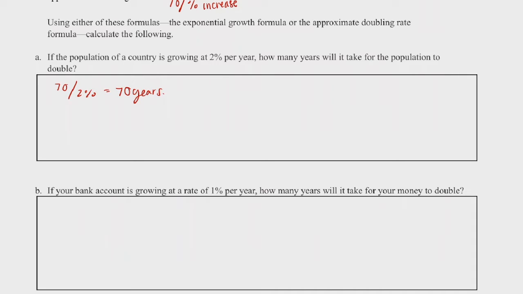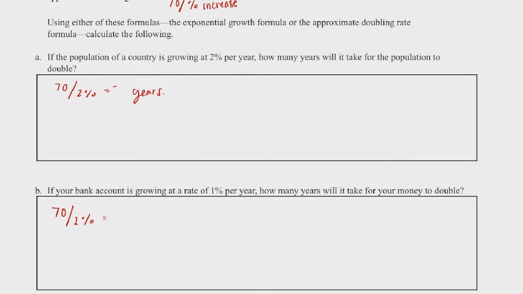And B, if your bank account is growing at a rate of 1% per year, how many years will it take for your money to double? So using the same equation, doing 70 now over 1%, this is now equal to, oh, I'm so sorry. My math today.